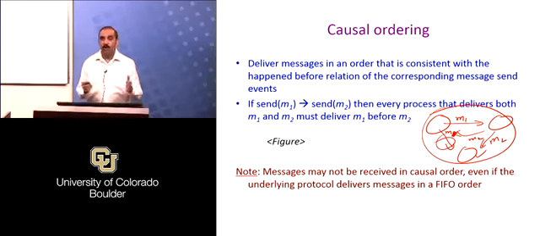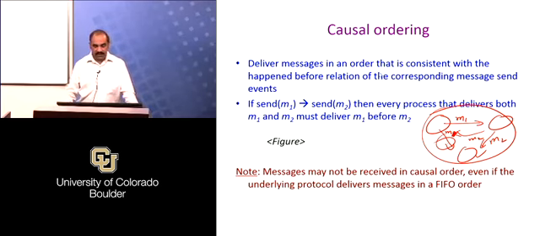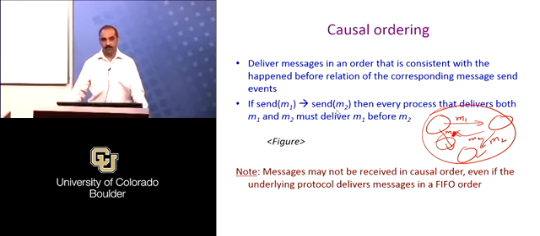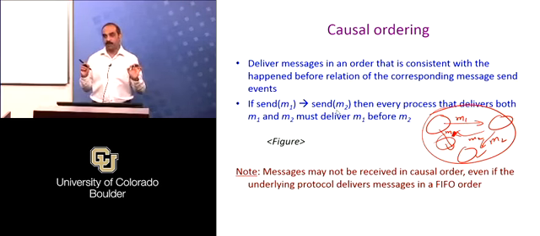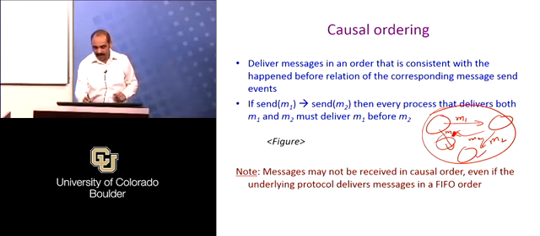Now, how do we formally define causal order? Delivery of messages in an order that is consistent with the happened-before relation of the corresponding send events. What this is saying is that if send M1 happened before send M2, and now we are talking about the happened-before relation, M1 and M2 may not have been sent from the same process. For example, here M1 is sent by this process and M2 is sent by this process.